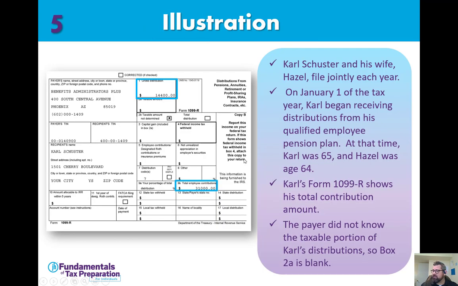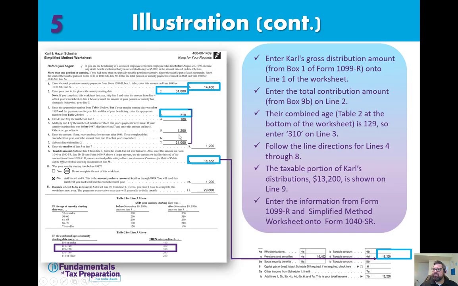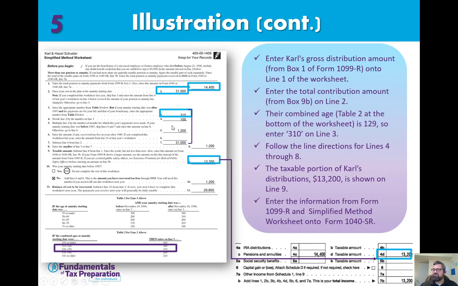So then this one shows a gross distribution of $14,400 that this person took, and there's an employee contribution amount of $31,000 here. So what it's doing is showing where the money came from, essentially, and there are different tax treatments based on that. But as long as you follow Profiler and put that information in, it will determine the correct tax treatment for you and actually do these steps.